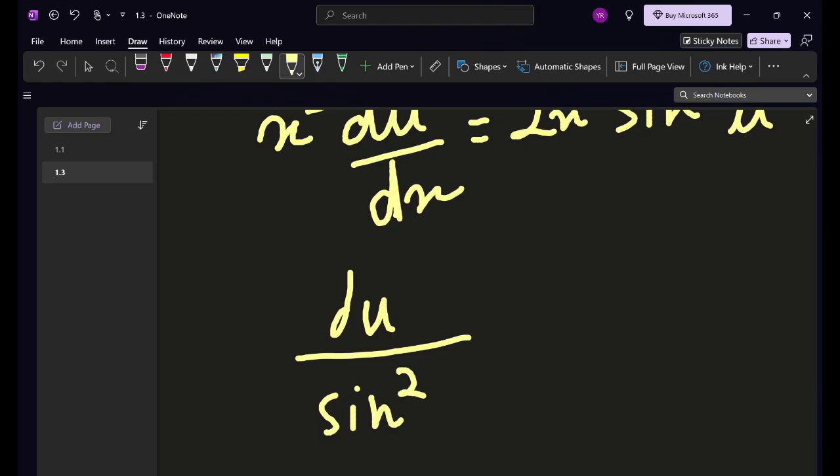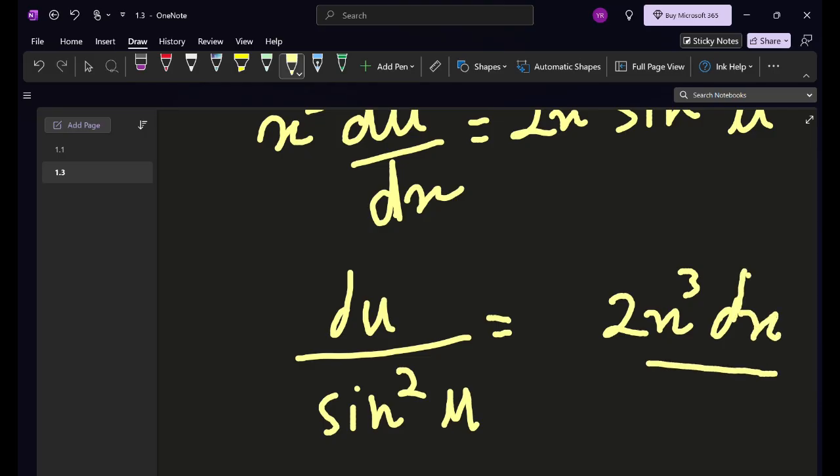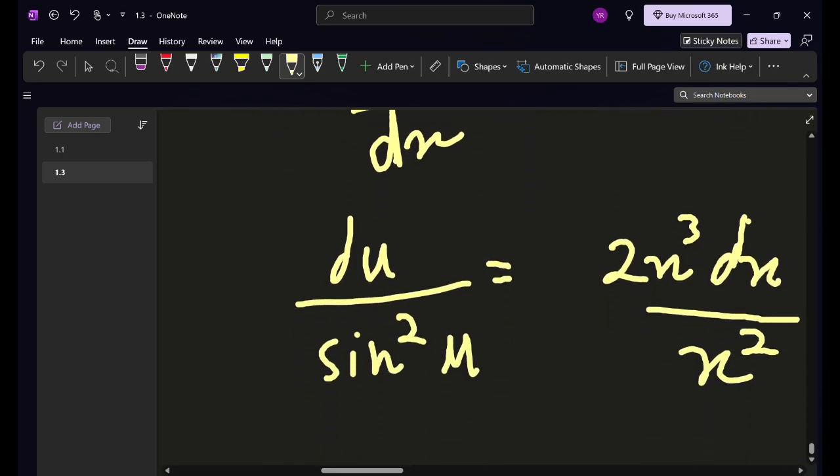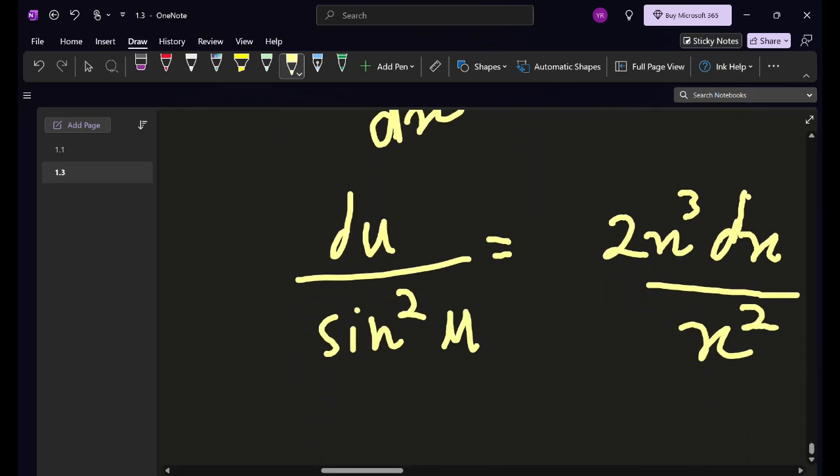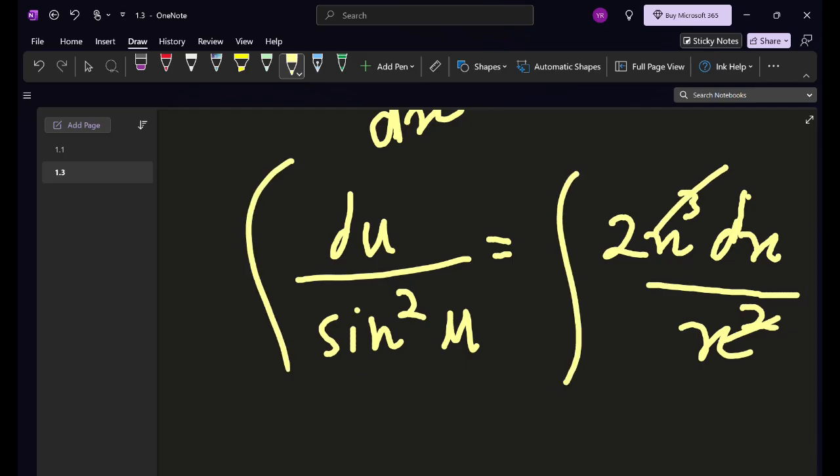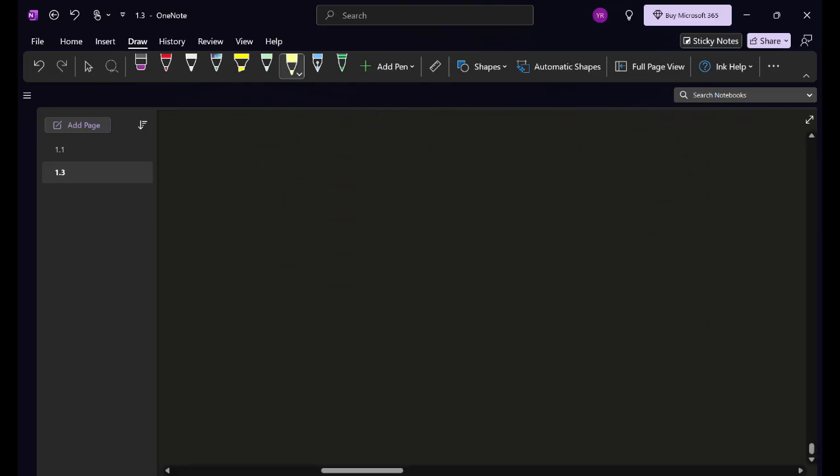The du terms will come in here, so this will be du by sine square u, the u terms are here, and this is equal to 2x cube dx by x square from here. So now of course we can just cancel this part and integrate it further.